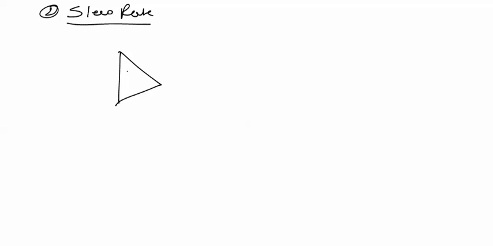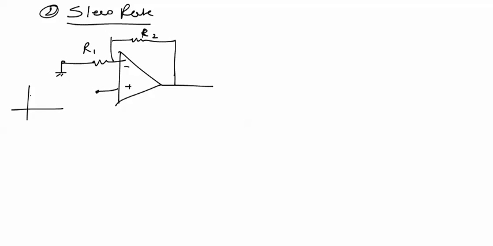Now the next characteristic is slew rate. Suppose we have this operational amplifier, which is operated in non-inverting mode, and we have applied a step input to this operational amplifier.